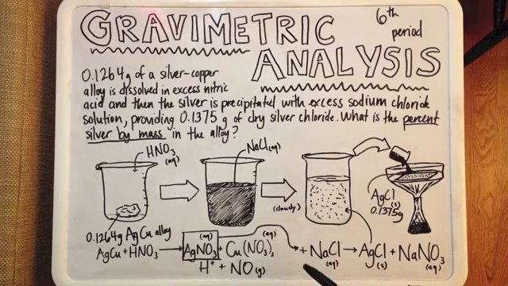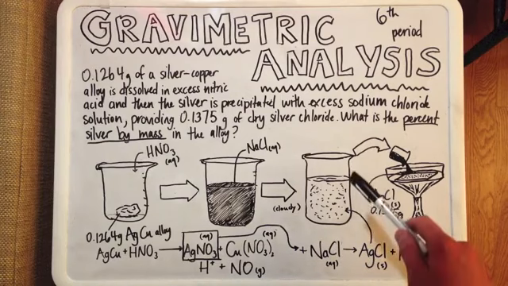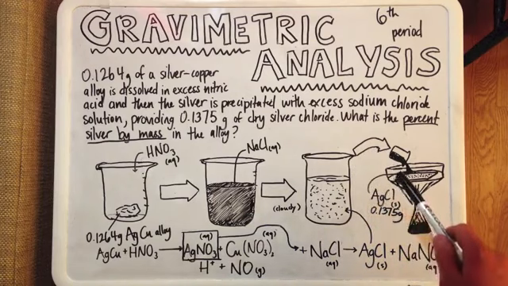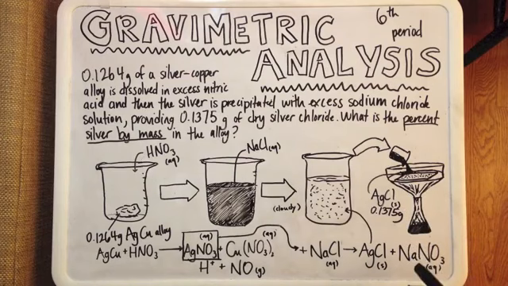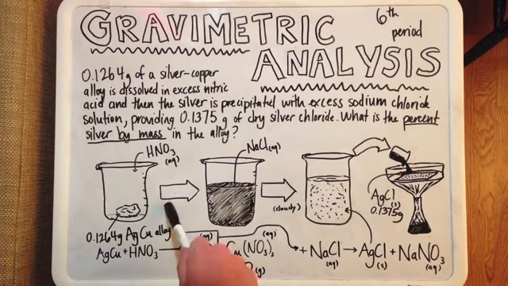acidic solution. And what's unique about silver nitrate is that it precipitates on contact with chloride. So these silver chloride particulates are just waiting for you to filter them.